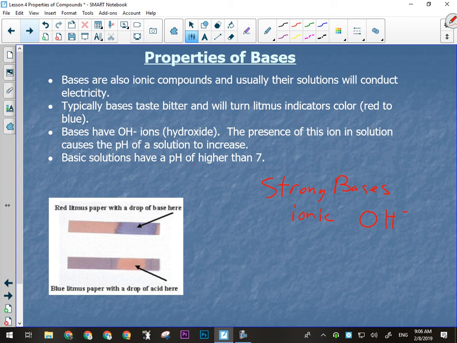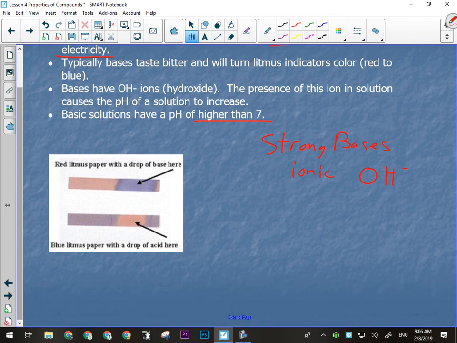They will obviously have a pH that is higher than 7. Their solutions will conduct electricity. All right, so if I have an ionic compound whose solution conducts electricity, and it has a pH of like 14, then I'm looking for any compound containing hydroxide that is ionic.